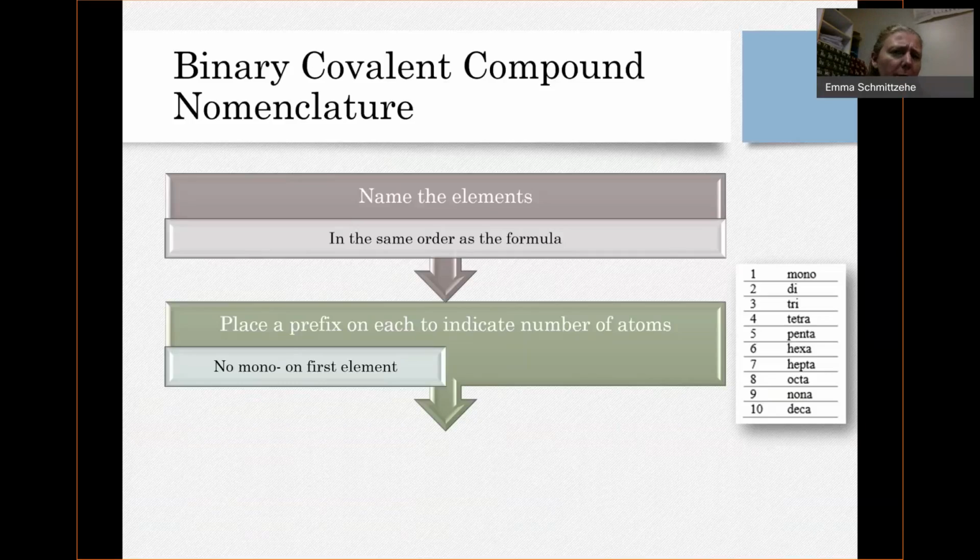You drop it off the first one, but we do say monoxide. So you put it on the second. That's the only prefix that you completely drop. Or maybe I shouldn't say that, there is one other case where we drop stuff. But in general, with the first element, you can drop the mono. You shouldn't be dropping it elsewhere.